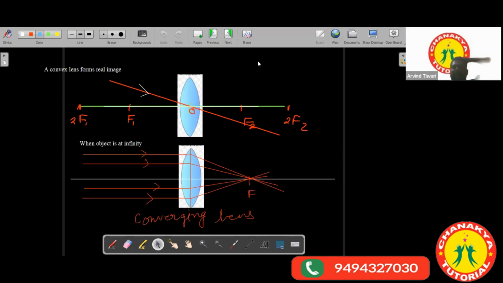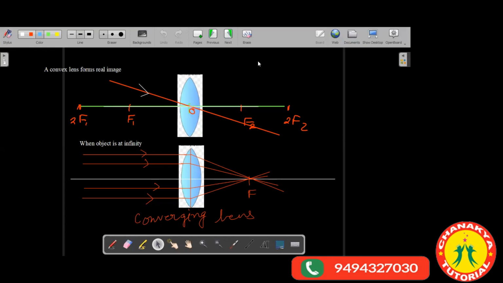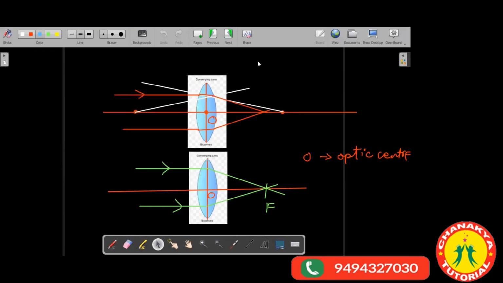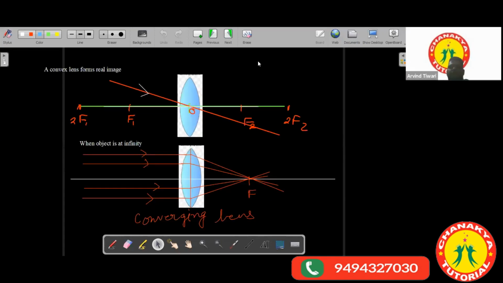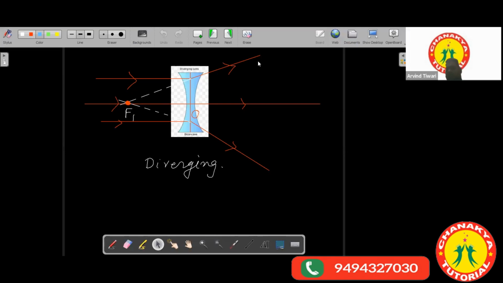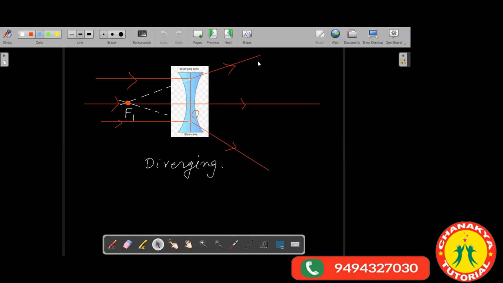And after this, you have the image formations, these ones, when the object is at infinity. The third page, sir. This is the third one, and this is the fourth one. The third I completed, sir.